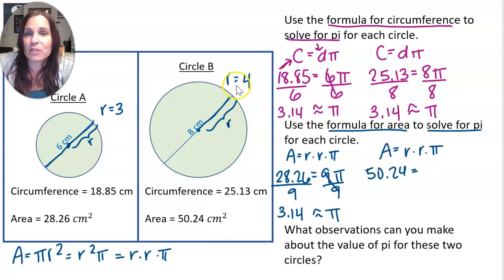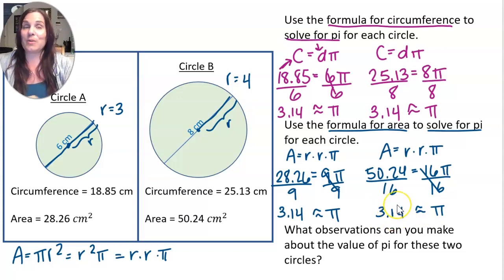And when I plug this 4 in for r, it gives me 4 times 4, which is 16. Divide by 16 on both sides. And I get that pi is approximately 3.14. No surprise, right? Wow, shocker, it's 3.14.